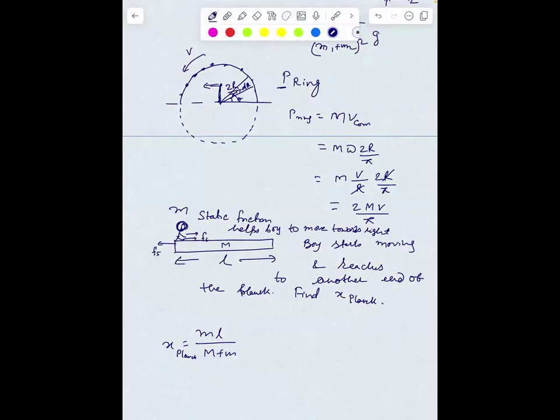So when this boy moves right, the plank definitely will move left. Are you getting my point? When the boy moves right, the plank moves left because of friction only. Because you are pressing the plank downward, the plank pushes you like this, so you will move like this and the plank will move like this.